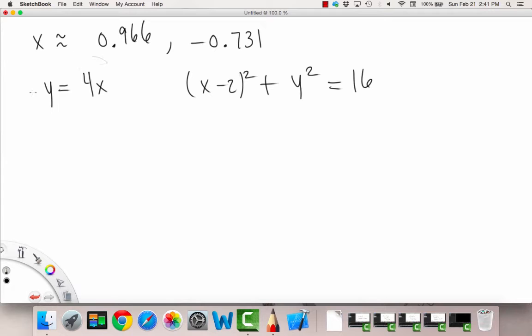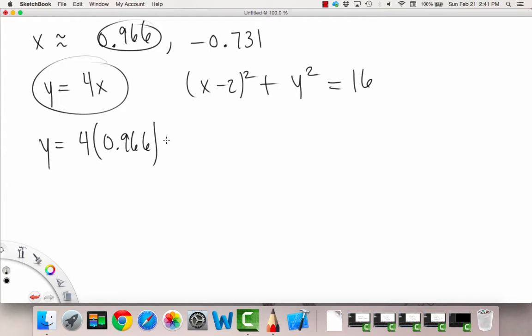Personally, I would choose y equals 4x, because it makes life easier. So y is equal to 4 times, let's pick the first value here, 0.966. When we plug that into our calculator, or you can do longhand multiplication, we get 3.864.